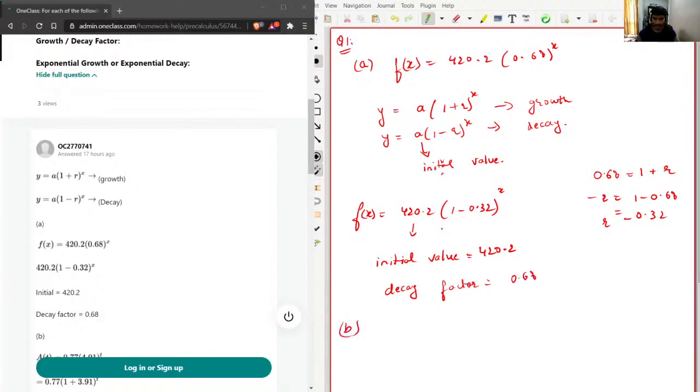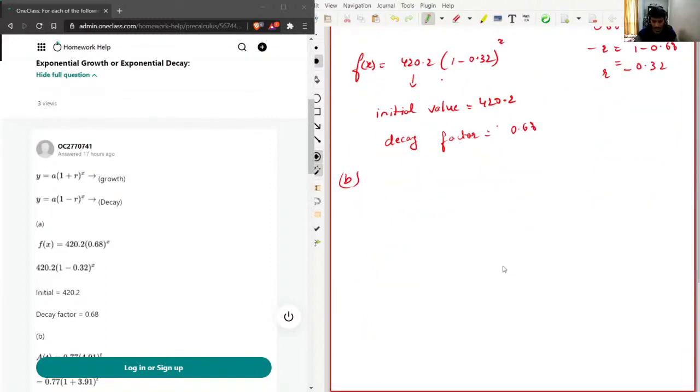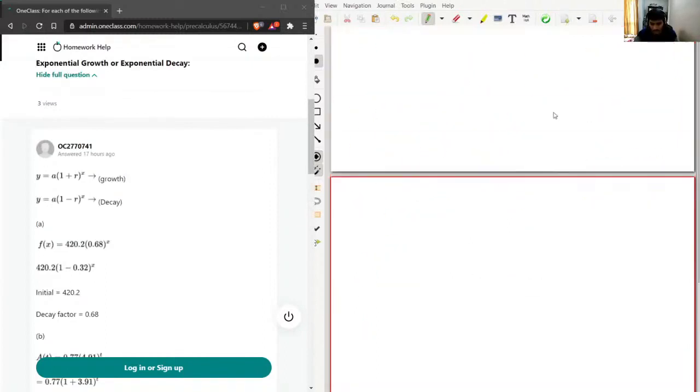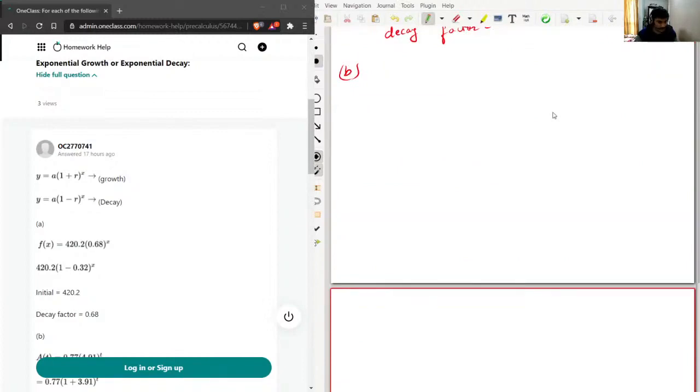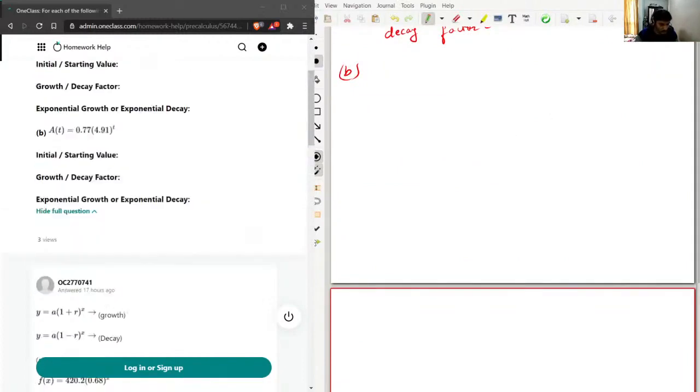Same procedure we are going to follow with part B. What was equation B? A of t is given as 0.77 times 4.91 raised to the power t. So again I'll write 4.91 equal to 1 plus r.